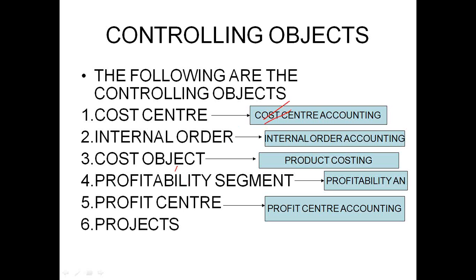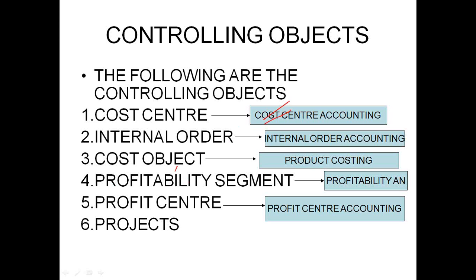In cost center accounting, we will see what a cost center is, what the need for the cost center is, how we process the information for the cost center, how the cost center reports are useful to the management, and also all the configuration settings.